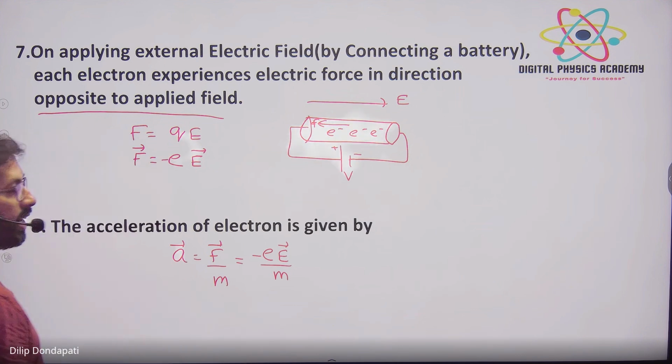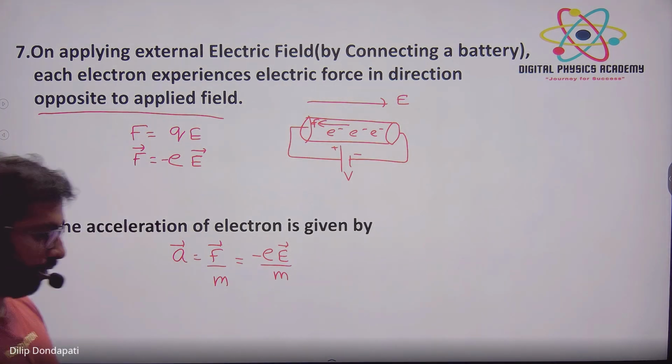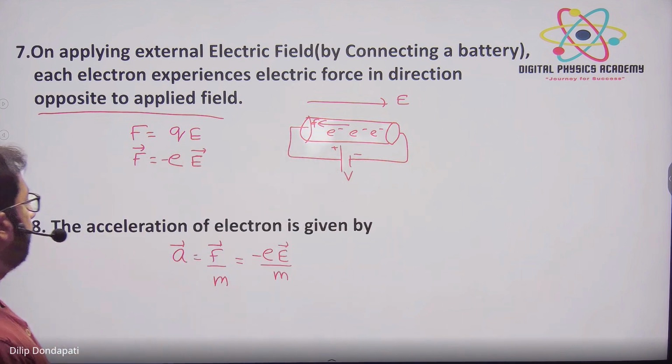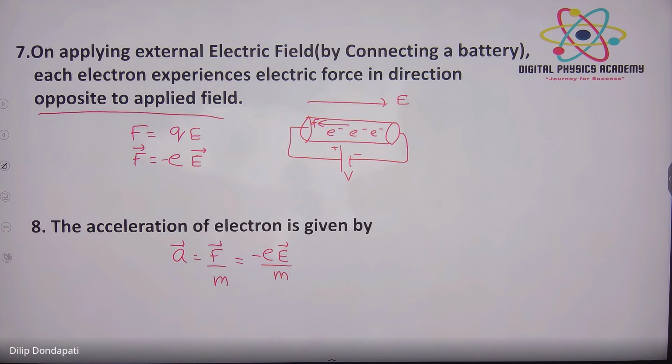This is the acceleration acting on the electron. So when I connect with a battery, there is a force, and because of the force there is an acceleration of the electron.